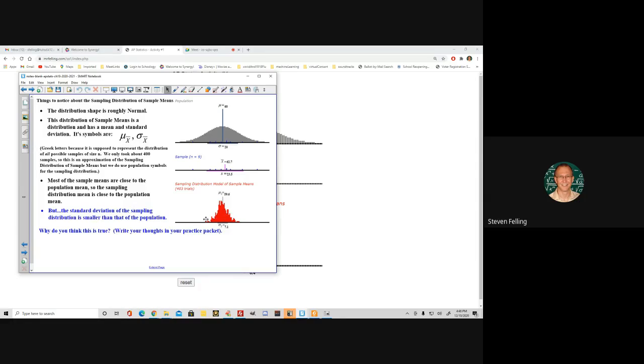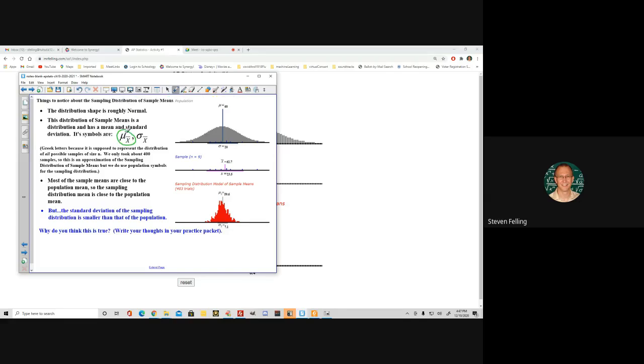So first of all, this distribution down here, the sampling model, is itself a distribution. It's called the sampling distribution model of sample means, or the sampling distribution of sample means, because every piece of data in here is a mean of a sample. It's a little x bar. Since that has a distribution, this bell curve down here has a mean and a standard deviation. The mean of it is called the mean of the means, mu sub x bar.